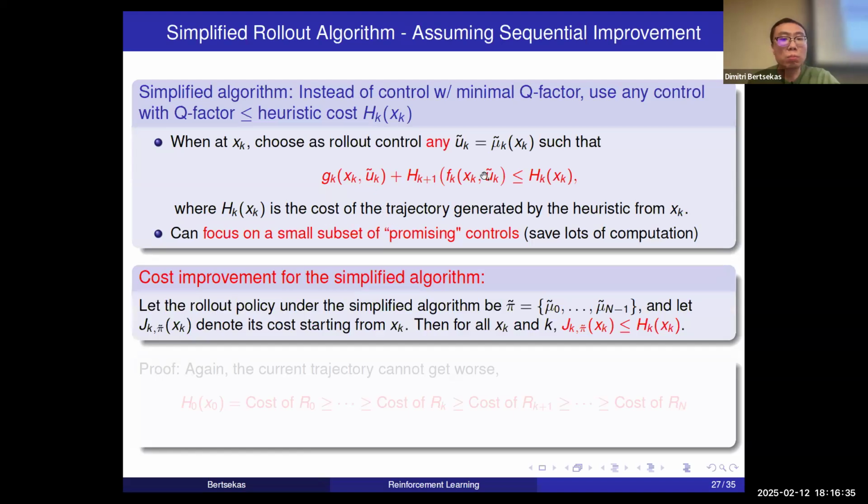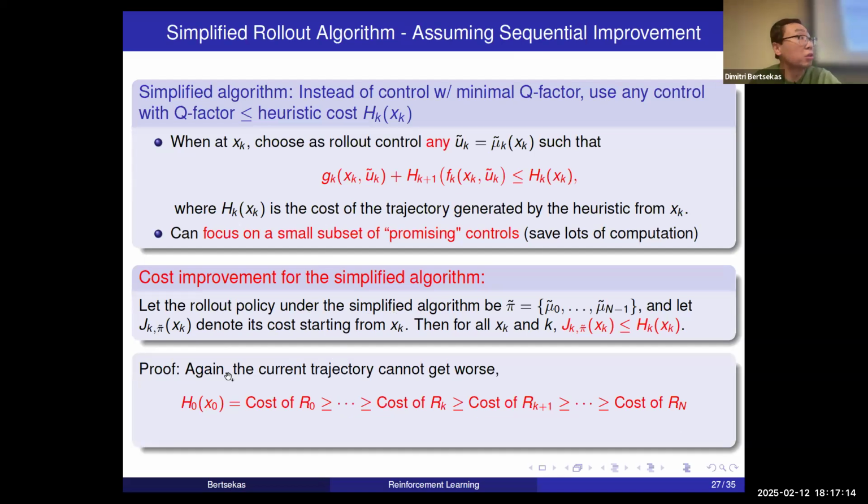Now the question is, by doing this, do I still maintain the performance improvement, cost improvement property? And the answer is yes. Suppose that the base heuristic has the sequential improvement property, then the rollout policy obtained from the simplified algorithm still has this property that its cost is bounded by the cost given by the base heuristic.